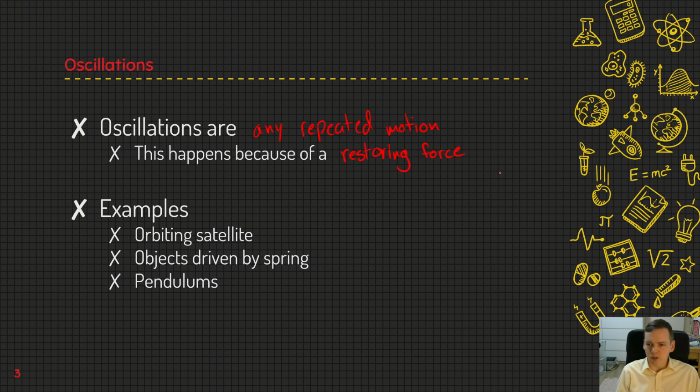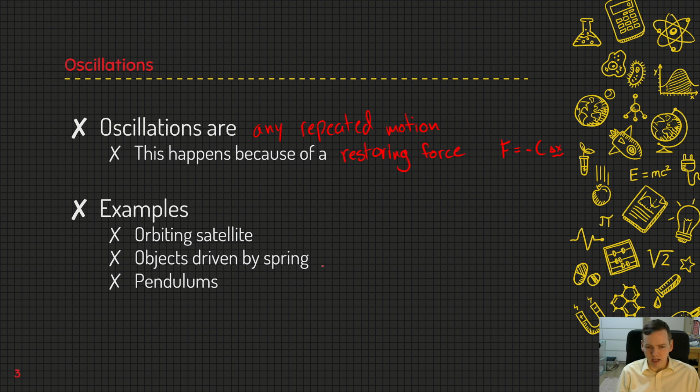And our restoring force, just remember, is any force that has the form F equals negative a constant times a displacement of some sort. So if you stretch something farther, if you move something, it'll always get pulled or pushed back in the direction that it came from.